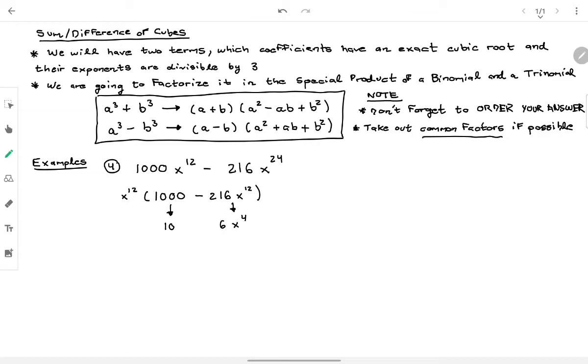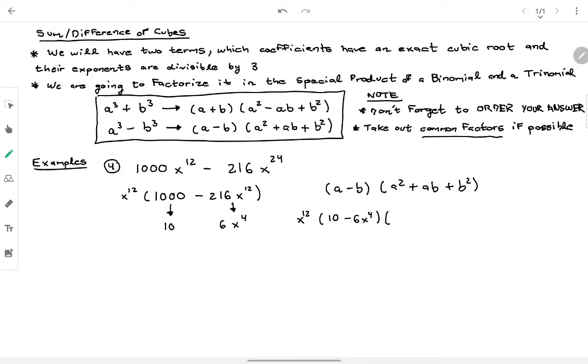So in this case, it's going to be the structure of a minus b, a squared plus ab plus b squared. So in this case, it's going to be the x to the 12 that I take out, then it's going to be, I'm sorry, I'm looking for the cubic root, not 1000. It's going to be 10 minus 6x to the 4.